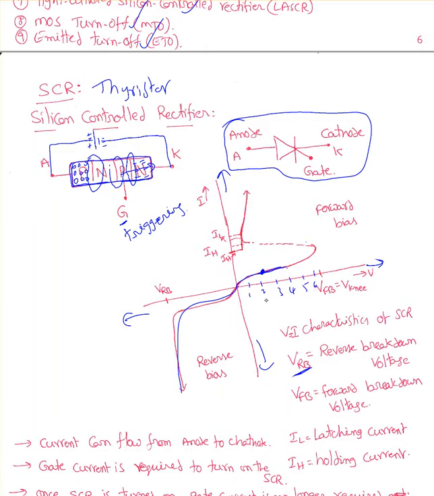I just gave you those numbers, but usually for power electronic devices like the SCR, it could be like 5000 volts. When I trigger the SCR right there, it will start conducting right there, and the curve is going to be like that. Or if I give triggering at 4 volts, then it's going to be triggered like that.